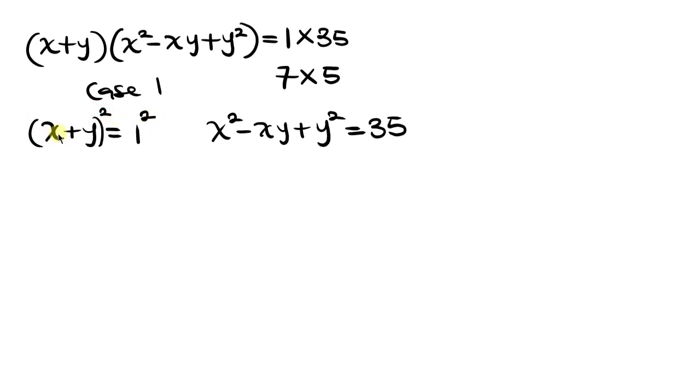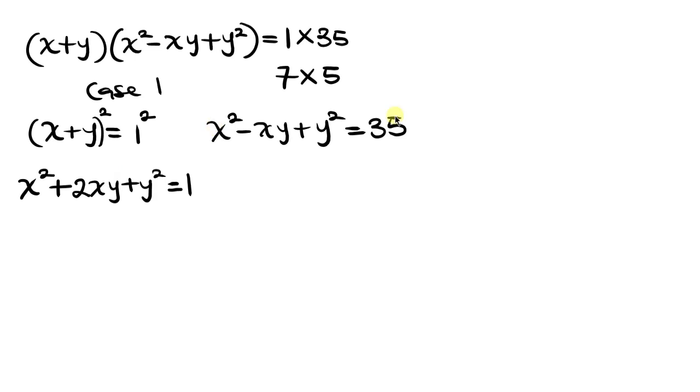So this becomes x squared plus 2 times x times y is 2xy, and then plus y squared. And this is equal to 1 squared is 1. So I'm going to be solving this equation and this together.